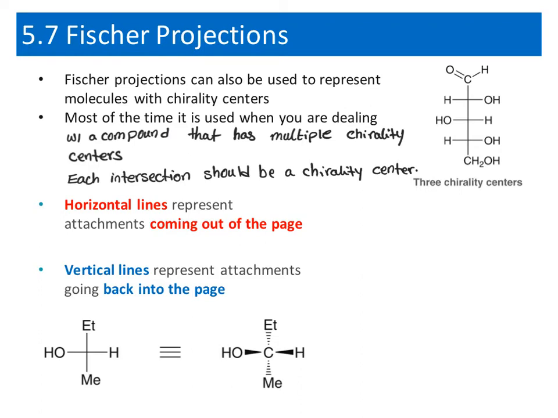So in this structure, I have 3 chirality centers: 1, 2, and 3. I didn't count this carbon as an intersection because it has 2 hydrogens attached to it, so it's not a chirality center. Also, the carbonyl carbon is connected to oxygen with a double bond, so it cannot be a chirality center.